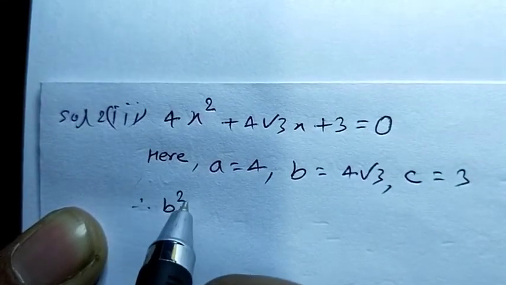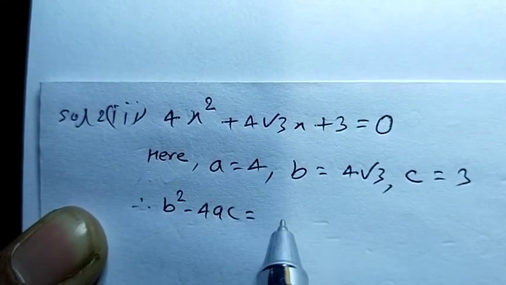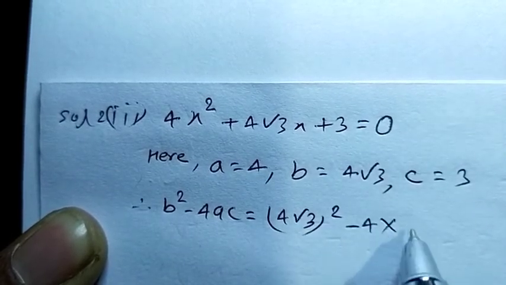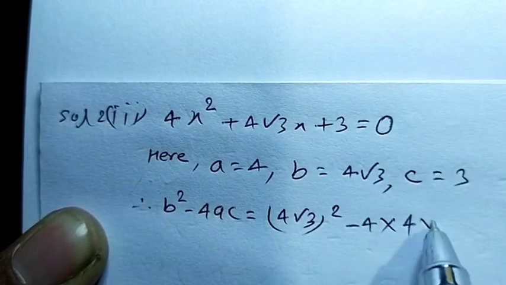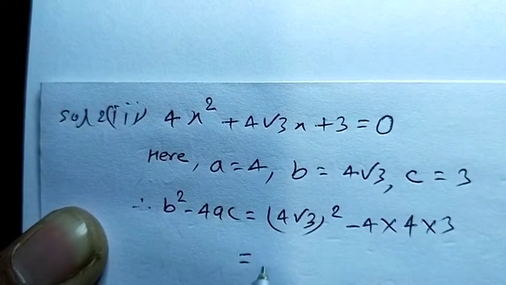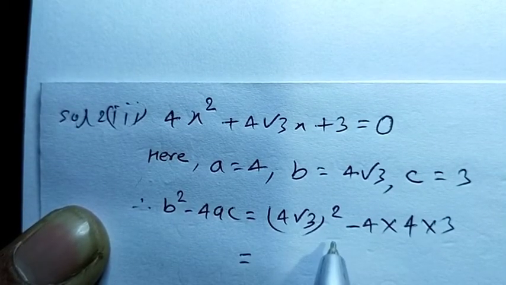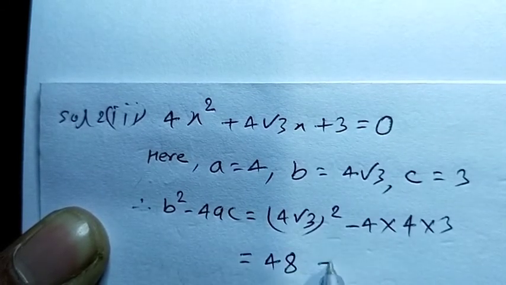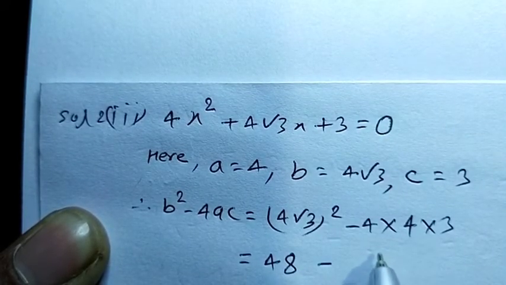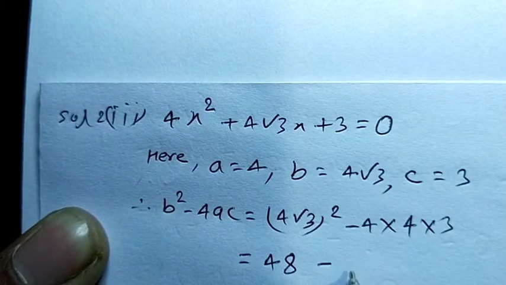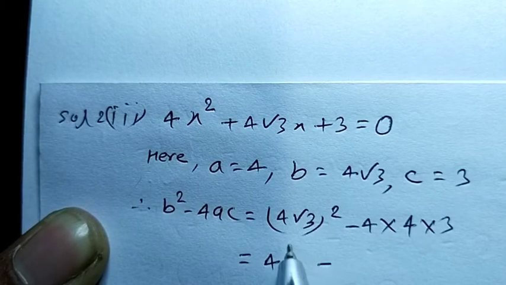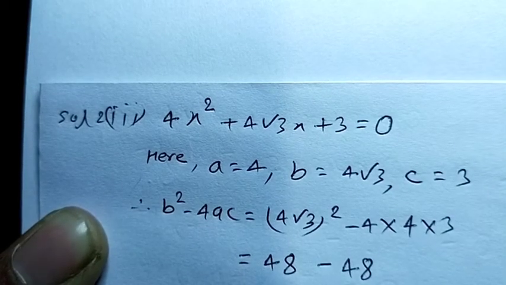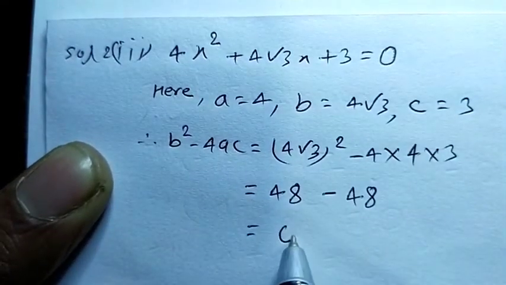Therefore b square minus 4ac is equal to 4 root 3 the whole square minus 4 into 4 into 3. Now 4 root 3 square is 16 into 3, that is 48, minus 4 into 4 into 3 is 48. Now 48 minus 48 that is equal to 0.